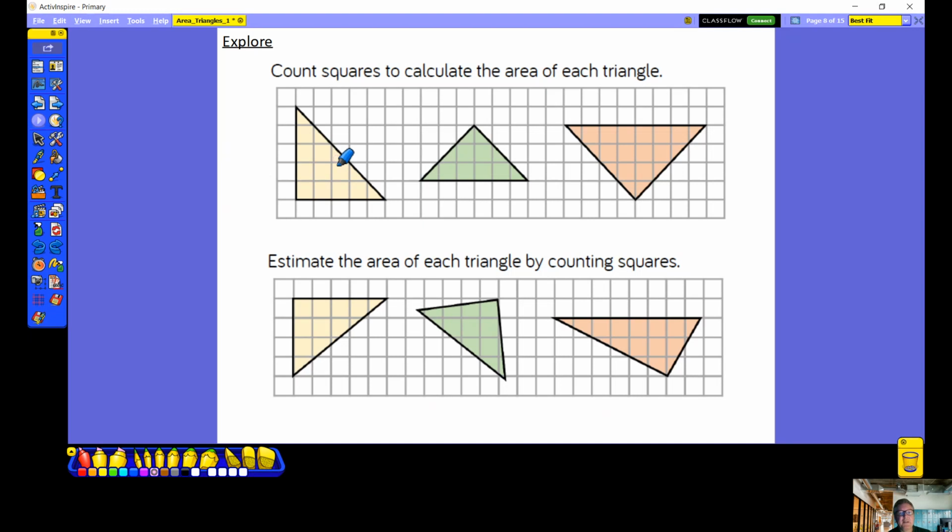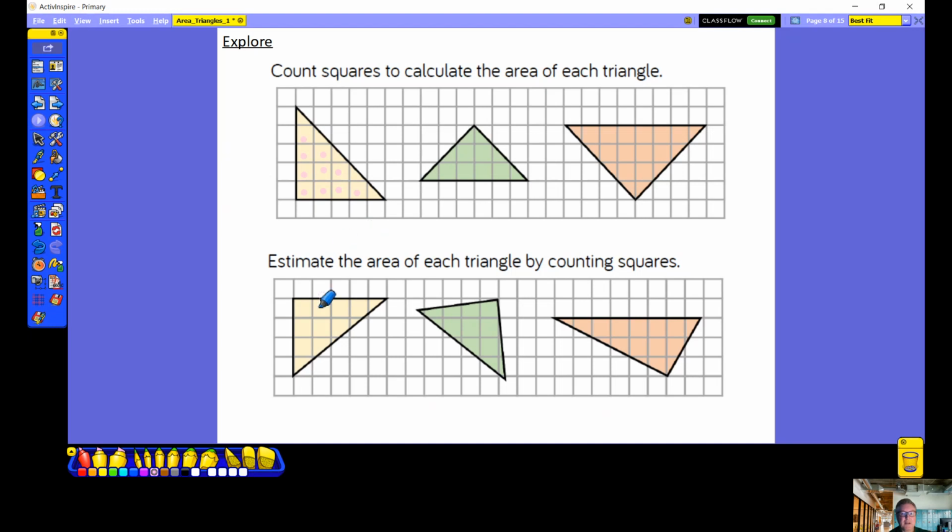So, counting squares, similar to the Year 4 idea for rectangles, let's have a little look. If you're counting squares, 1, 2, 3, 4, 5, 6, 7, 8, 9, 10.